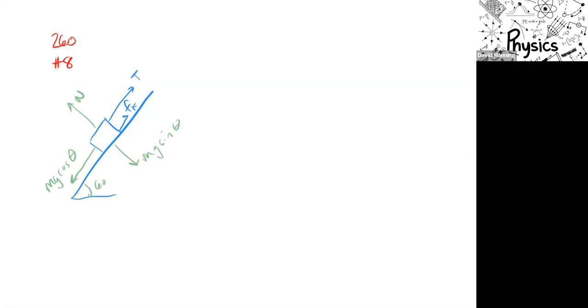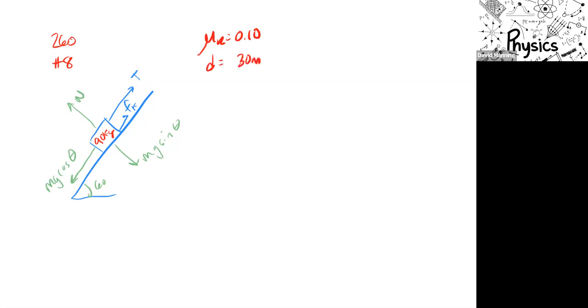And it says the sled has a total of 90 kilograms down a 60-degree slope. If mu k equals 0.10, how much work is done by friction if it's moved 30 meters?